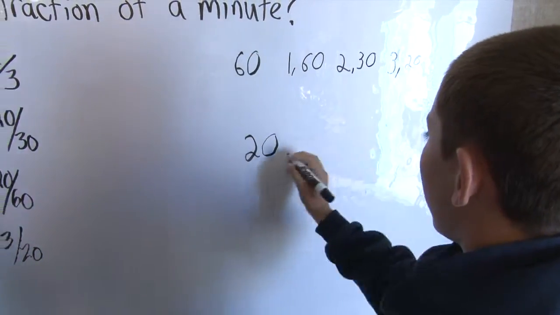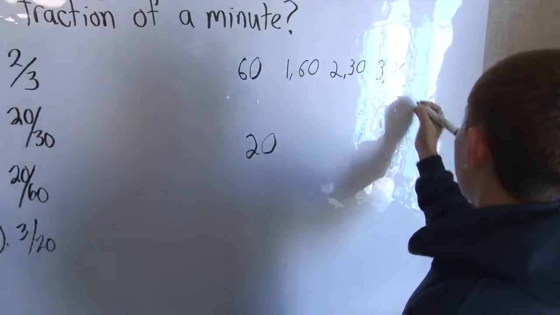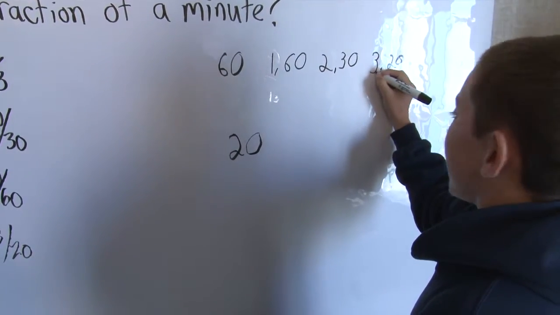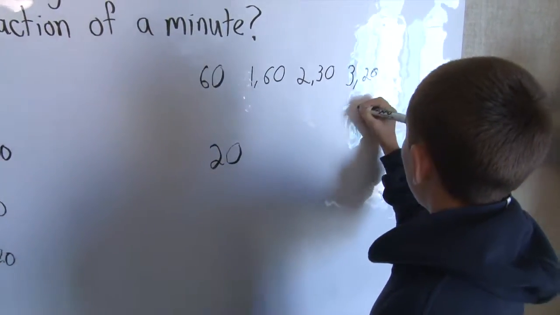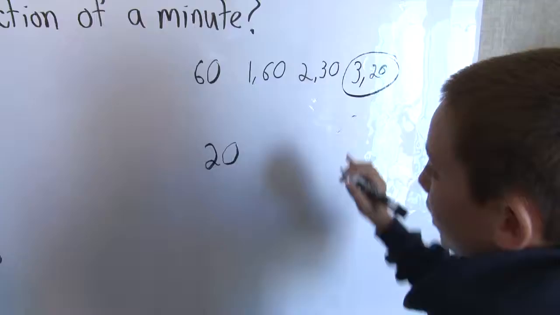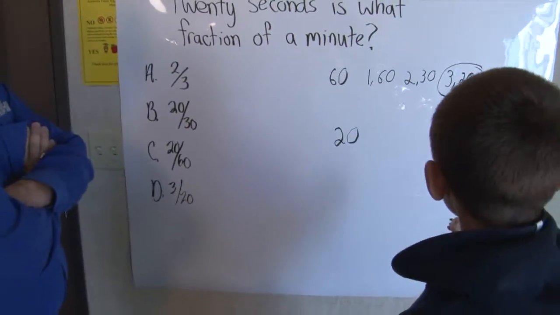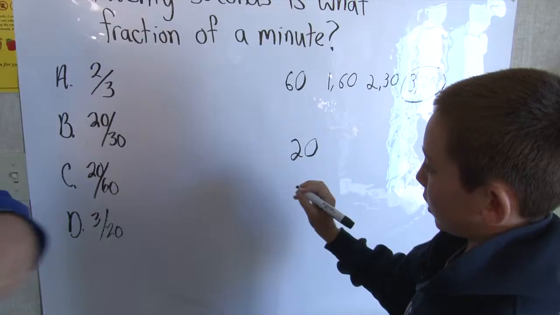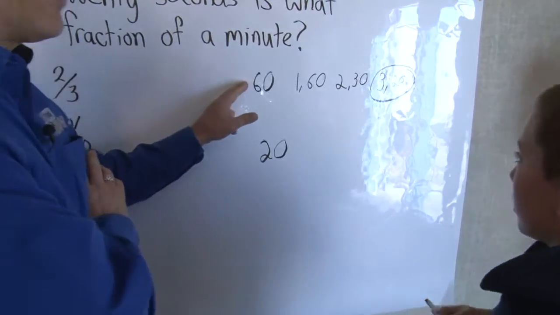And we see that we have our 20 right there, so that means 3 can go in there 3 times. So we have 3, so we circle that. So we got that much. And then you have 3, so then 20, 3 divided by 20, 60. Because you were on the right track, because we know it's 60 seconds, right?